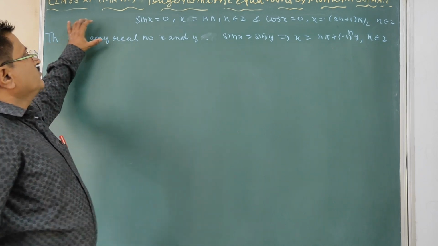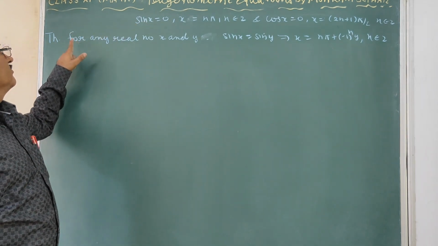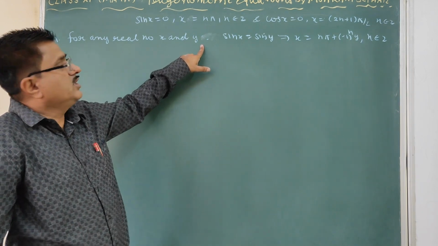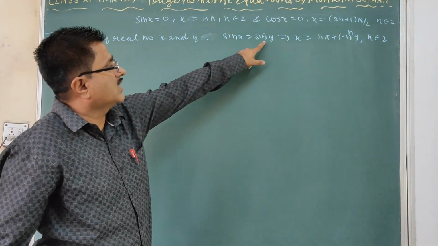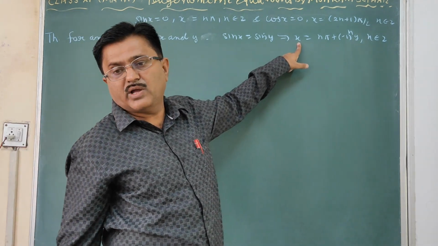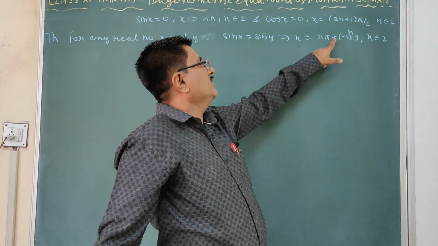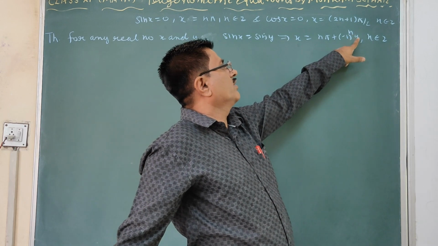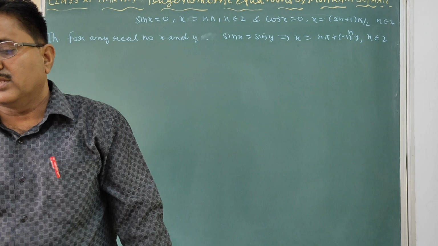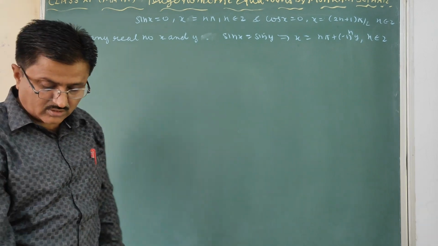Now suppose we are given a theorem for any real numbers x and y. This theorem says if we have sin x equal to sin y, then the solution of this equation, or value of x, will be n pi plus minus 1 whole power n into y, where n belongs to Z. This formula we want to prove.